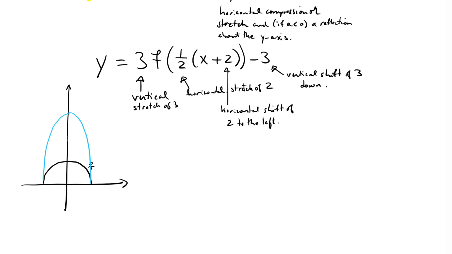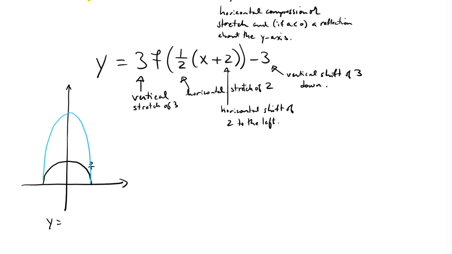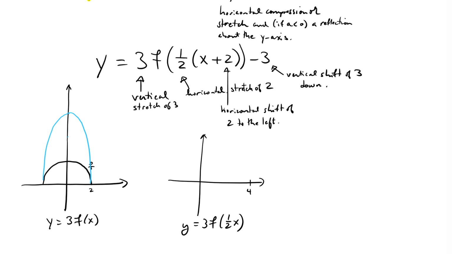If you're just stretching, it would be y equals 3f of x. Now, if you do your horizontal stretch of 2, you're going to get 3f of 1/2 of x. So now we're adding the horizontal stretch of 2. We were at 2, now we're going to be at 4.